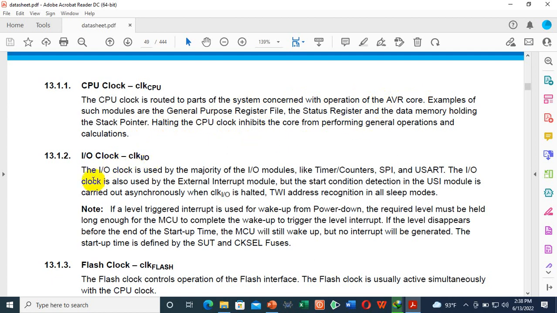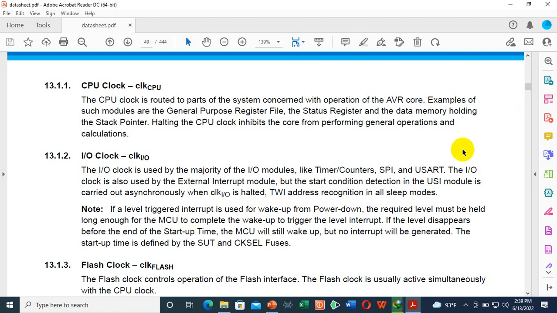I/O clock. The I/O clock is used by the majority of the I/O modules like timers, counters, SPI, and USART. The I/O clock is also used by the external interrupt module, but the start condition detection in the USI module is carried out asynchronously when the I/O clock is halted. TWI, 2-wire interface, I2C connection, address recognition in all sleep modes.